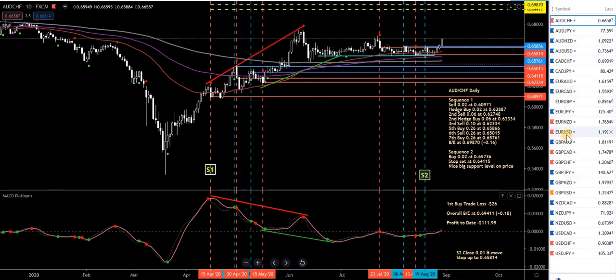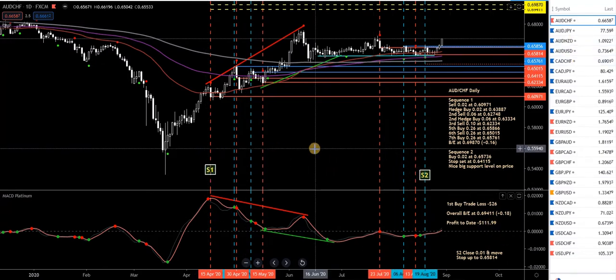If it's just highlighted in blue, just means there's trades on. No highlight, no trade. Highlight in yellow means something's happened that I'm probably going to have to talk about, either post or I'll talk about in this video. So that's my watch list. These are all the pairs I'm trading in alphabetical order on the daily charts.